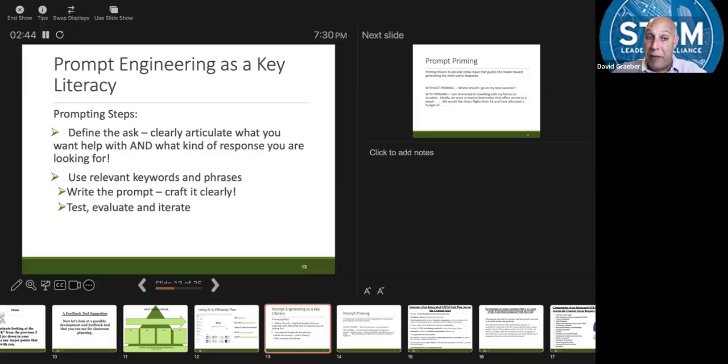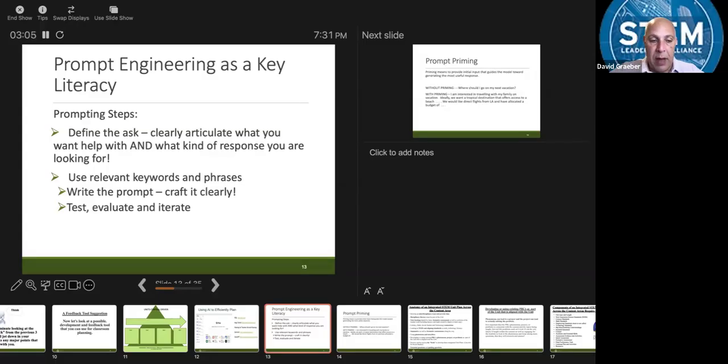So you have to define the ask. You have to clearly articulate what you want help with and what kind of response you're looking for. You have to use relevant keywords and phrases. Write out the prompt beforehand, craft it, put it in the chatbot afterwards.